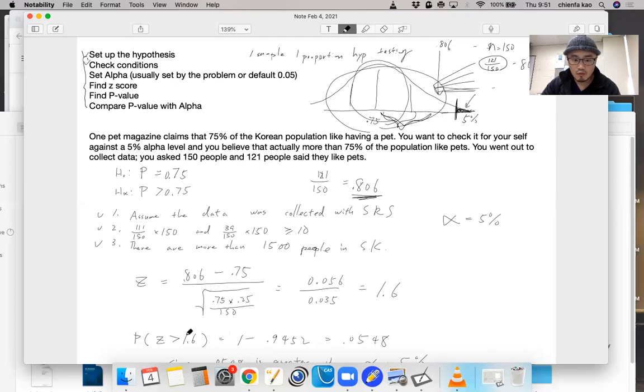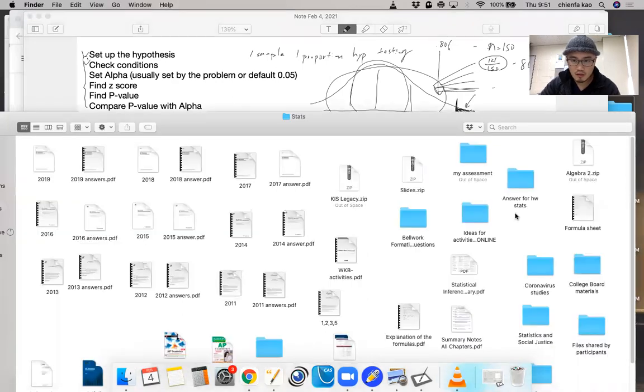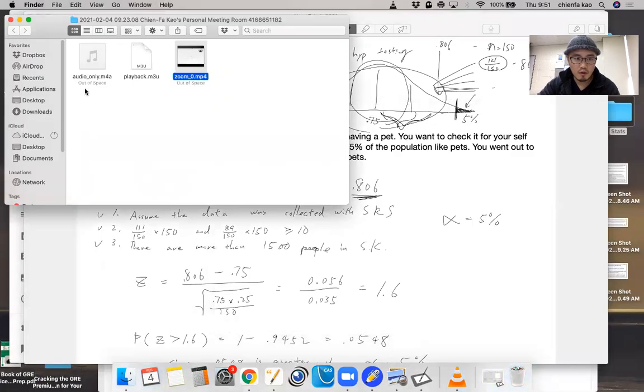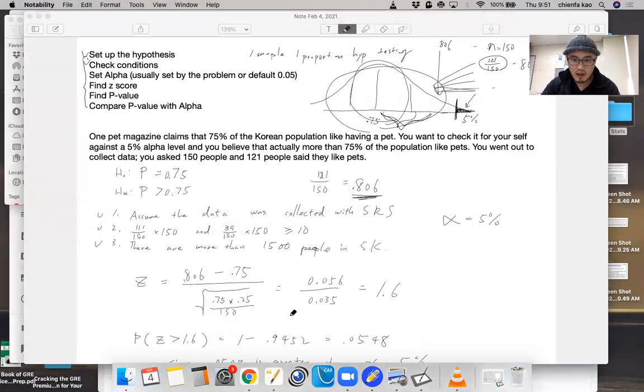Okay, so we have to go to our z table to find where 1.6 is. I'm not going to do it because I calculated already. So 1.6 in the table is 94.52%. That means it could occur 94.5% of the time.